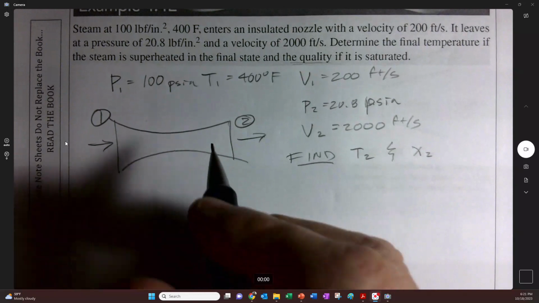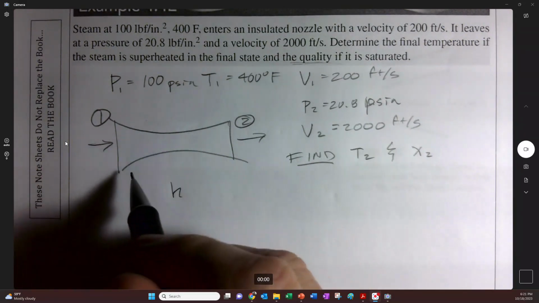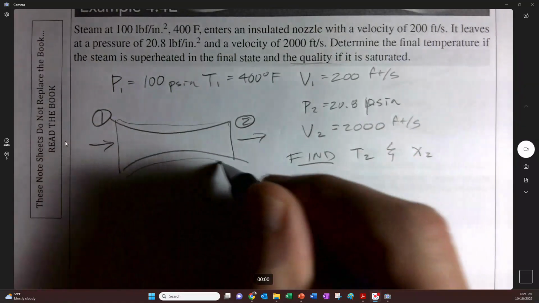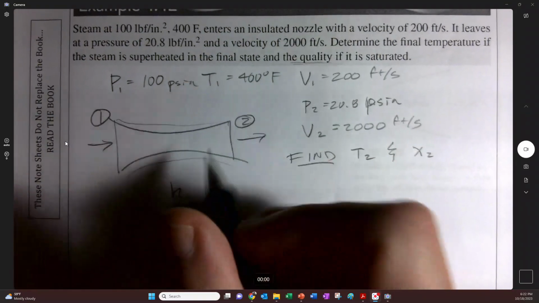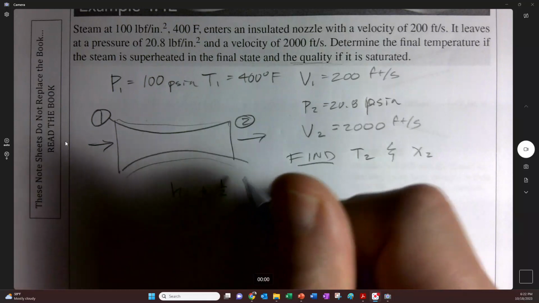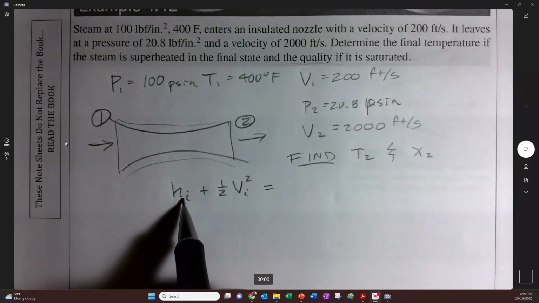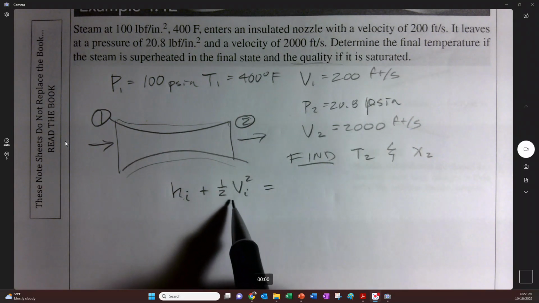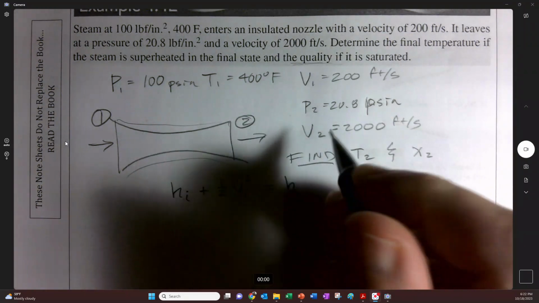As we mentioned in the previous one, if you balance out the energies, we're going to say this is well insulated, so no Q, and no work passing. So what we end up having is that the combination of enthalpy, thermal stuff, and also the dynamic stuff of the kinetic energy, those two things have to be equal to each other.